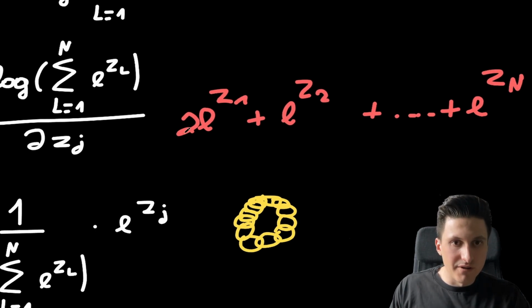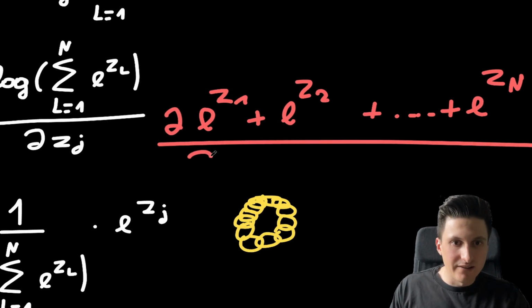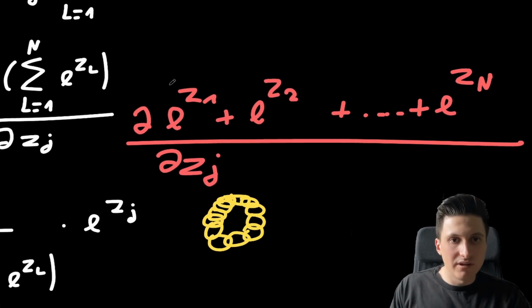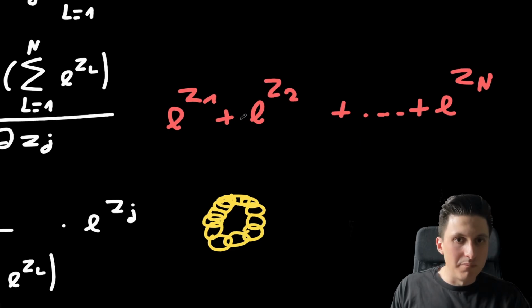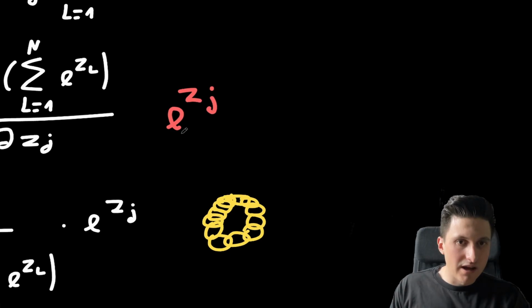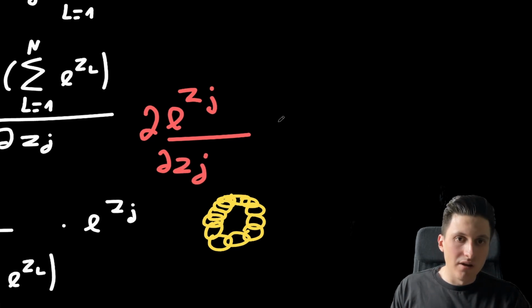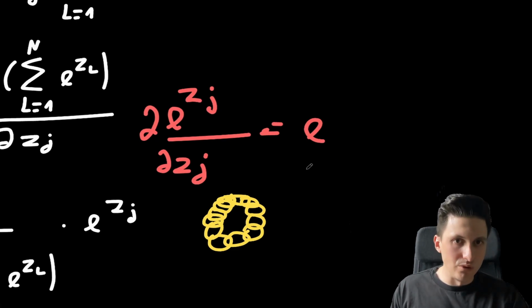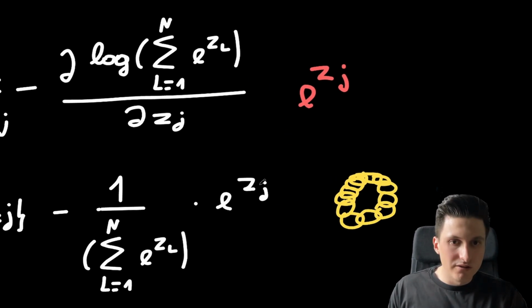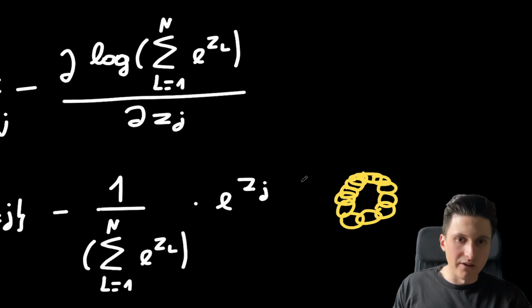If we take the derivative of that with respect to Zj, we only need to look at the part that actually contains Zj, which is e to the zj. The derivative of that with respect to Zj is just e to the zj, as that is a rule of derivatives. So this part also simplifies to e to the zj.